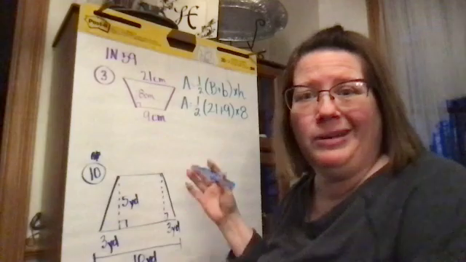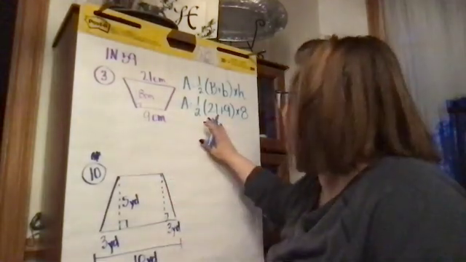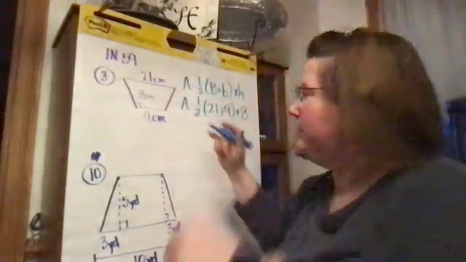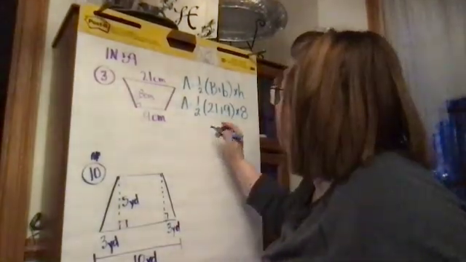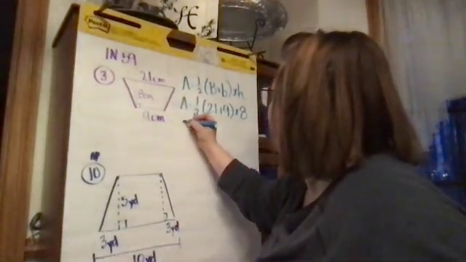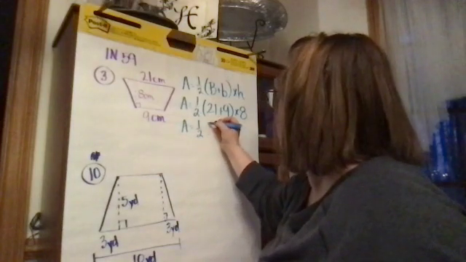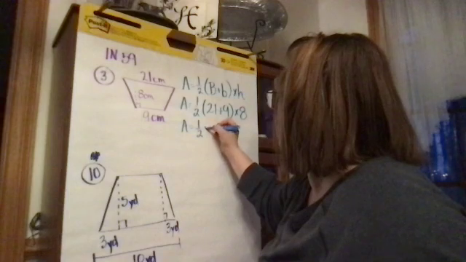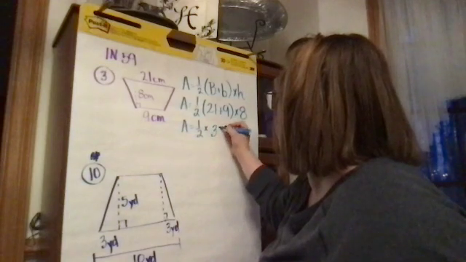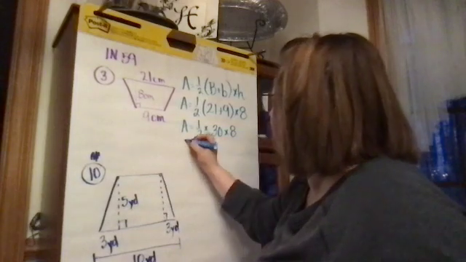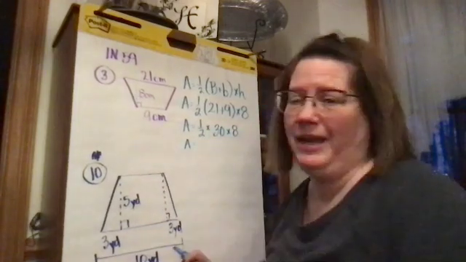Bada bing, bada boom. Now I just need to do some math. The first thing I'm going to do is the parentheses. The parentheses always says, do this part first. Okay, so if I add 21 plus 9, I'm going to get 30. And I want to show every step. The multiplication I can do in any order.